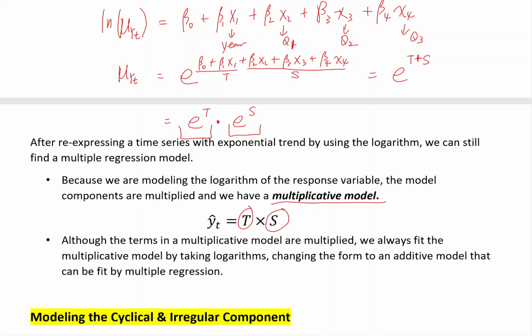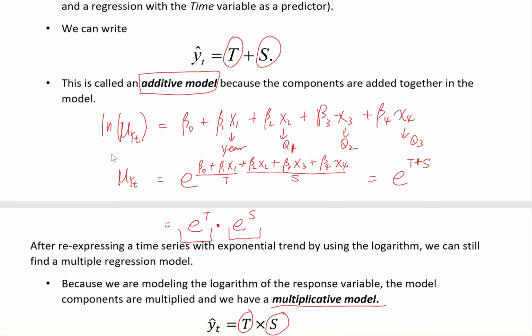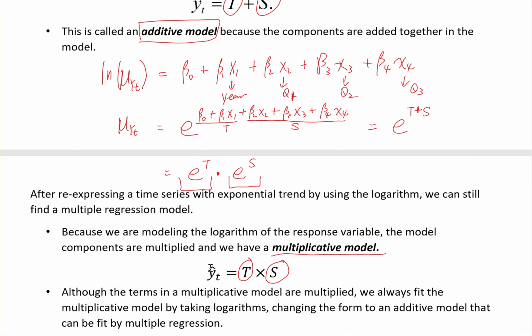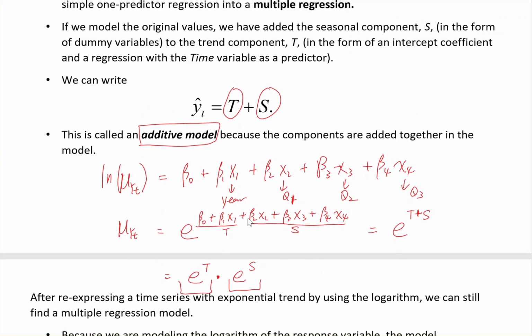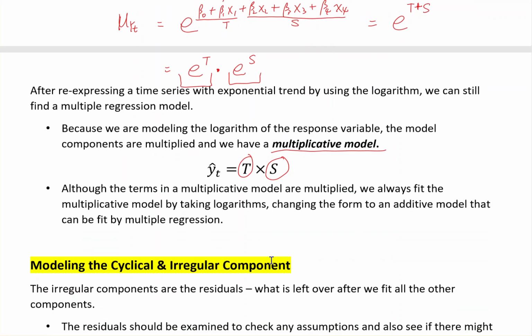So these are the two concepts. If you didn't make the natural log transformation, you just have the additive model. But if you have the natural log transformation because the series shows a curved trend, then you have a multiplicative model. It doesn't matter at all; it just has two different names, because after the transformation the relationship between these two components will be multiplication, not additive.